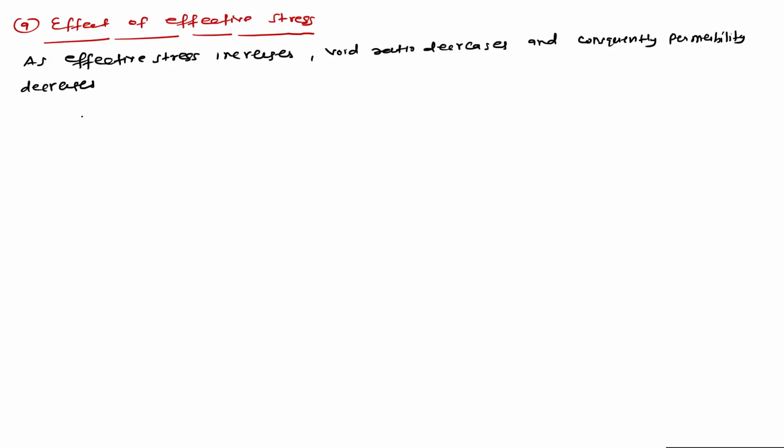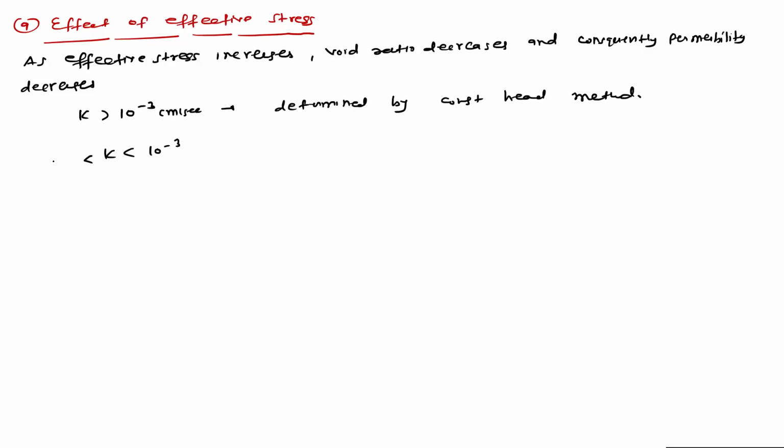Okay, so k greater than 10 to the power minus 3 centimeter per second is determined by the constant head method. k less than 10 to the power minus 3 and greater than 10 to the power minus 7 centimeter per second is determined by the falling head method.